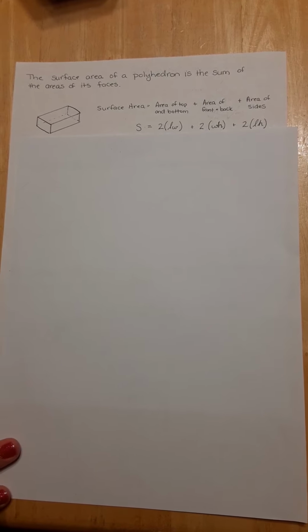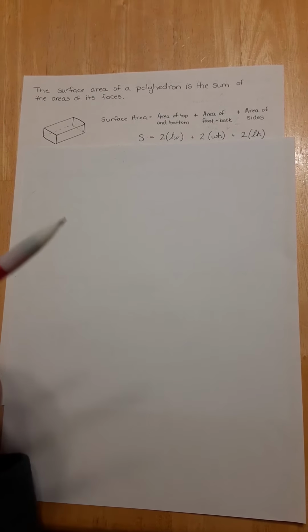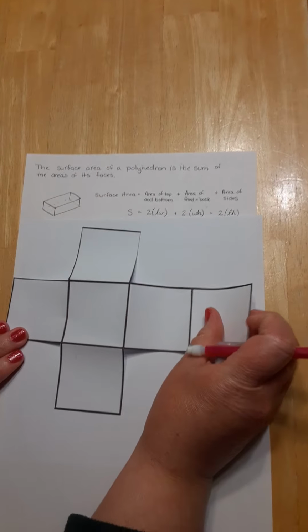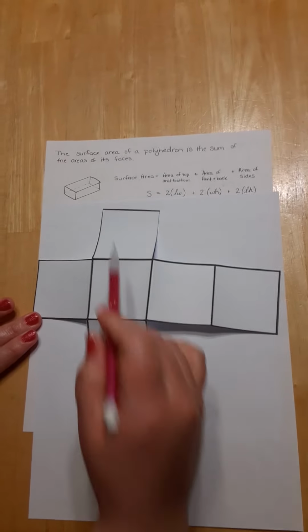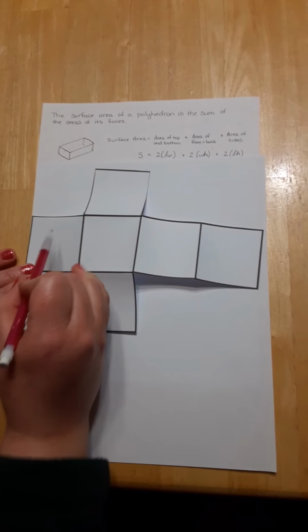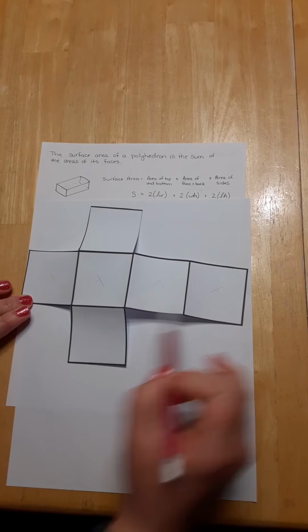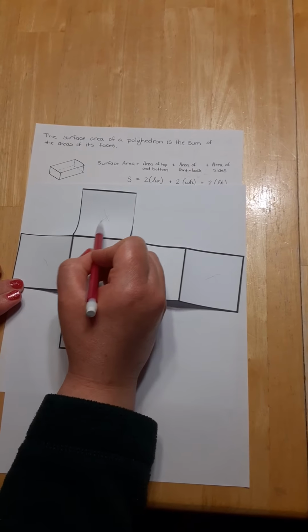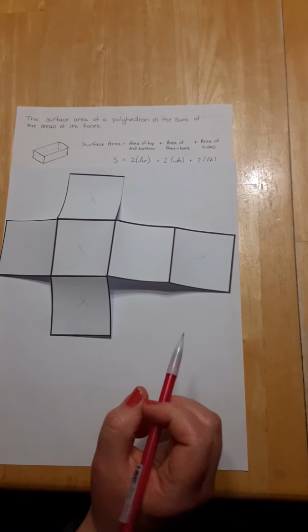And so when we pull apart our prism here, let me lay it here. This is all of our faces. So when I find the surface area, I need to make sure I cover every face and get the area of it. Then I'm going to just add those numbers together.